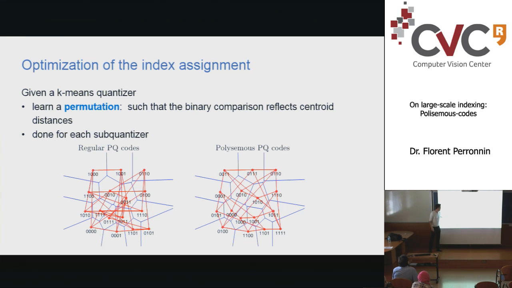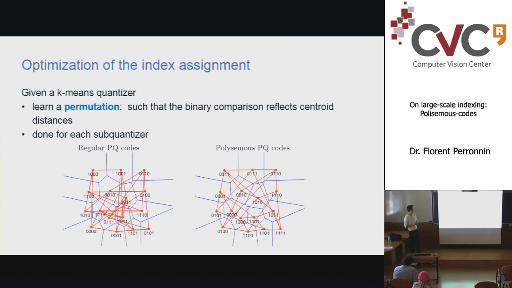And what we show in red is, for each cluster, the 4 centroids which are at Hamming distance 1, meaning the centroids which have just 1 bit of difference. For instance, 0, 0, 0, 0 is at Hamming distance 1 of 0, 0, 0, 1, of 1, 0, 0, 0, and then of 0, 0, 1, 0, etc. And you can see here there is no structure.